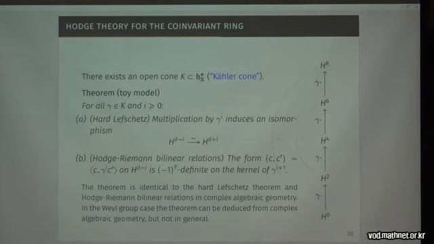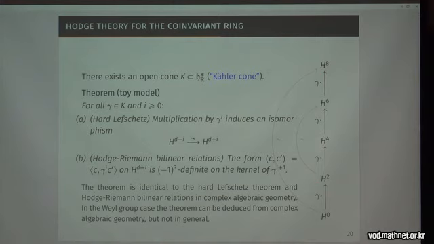So this is the toy model of our main theorem. This H is a finite dimensional graded algebra, and so I have pieces of each degree. Now what I can consider is just multiplication by a general element of degree 2. So I get a map from here to here, from here to here, and from here to here.